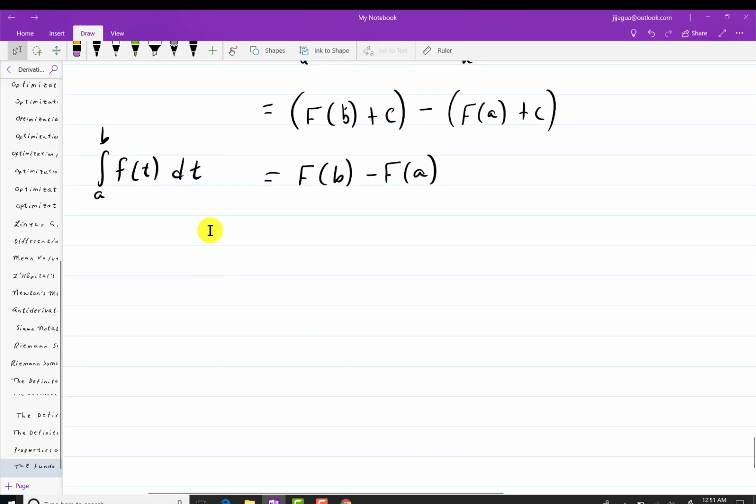And this will provide us with ways of evaluating integrals from here on out. Basically, this F is an antiderivative.